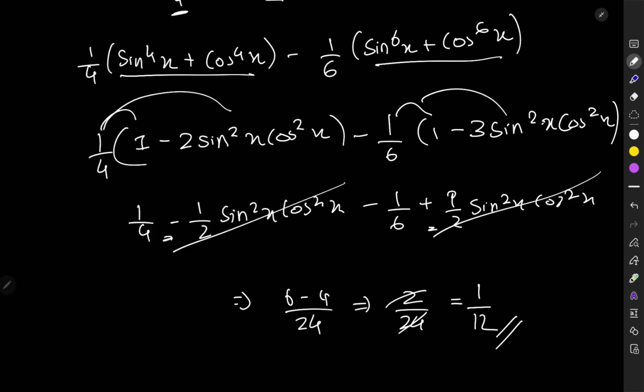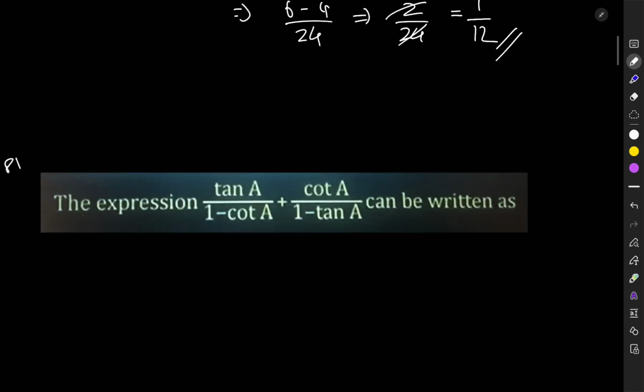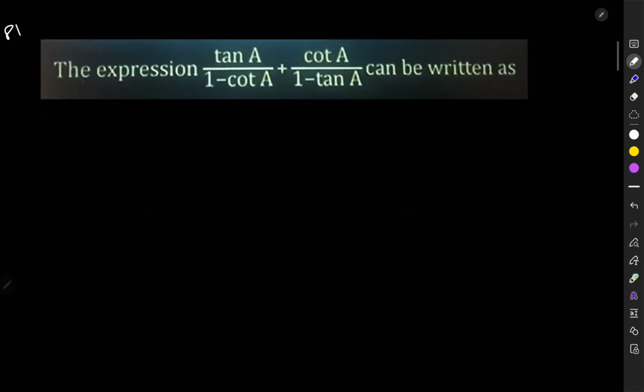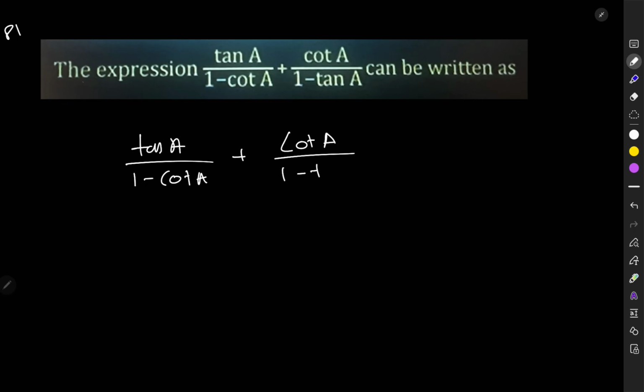We have a lot of questions like this. Let's see another question, in which we need to simplify this expression: tan A over 1 minus cot A, plus cot A over 1 minus tan A. So you can see cot A, right?